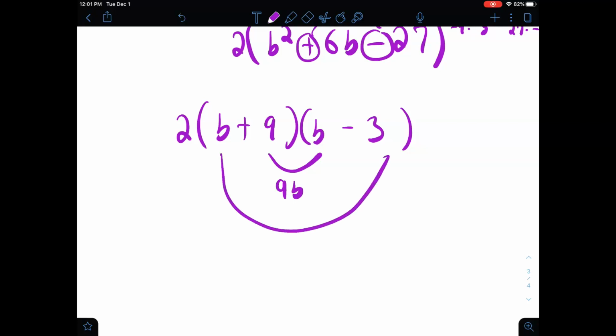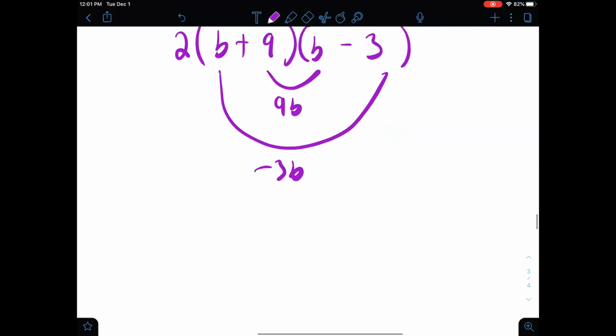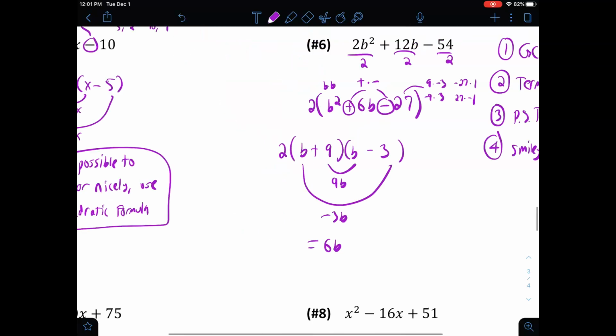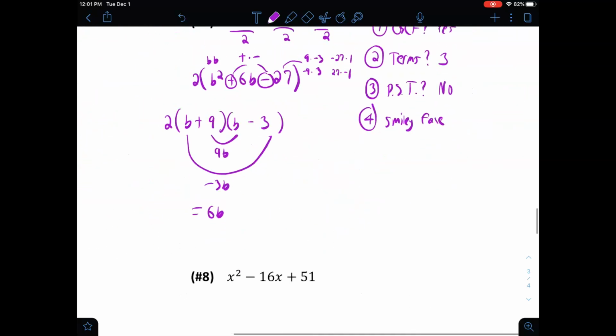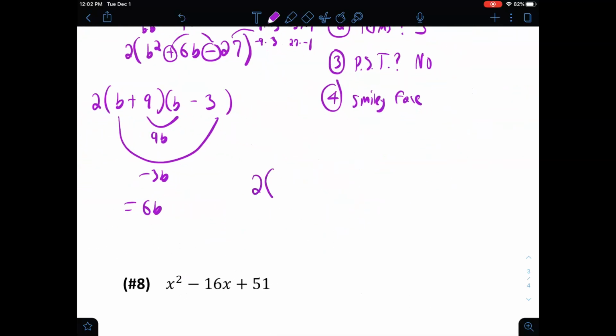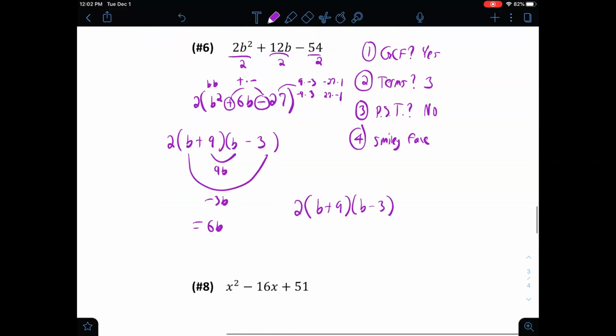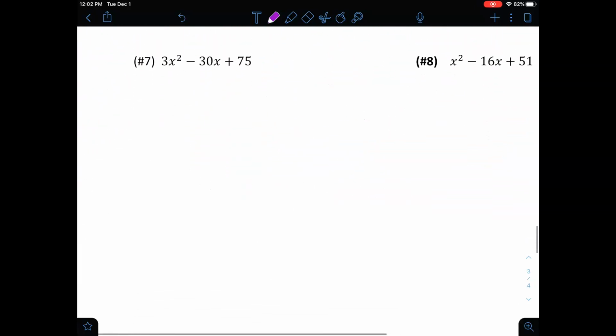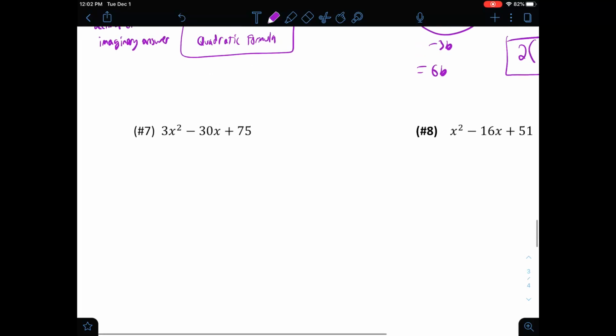So if we do that, we're going to get 9b, and we're going to get negative 3b, which equals 6b. So our final answer is going to be 2 times b plus 9 times b minus 3. Does that work? I think it does, yeah. All right, 2 more examples.